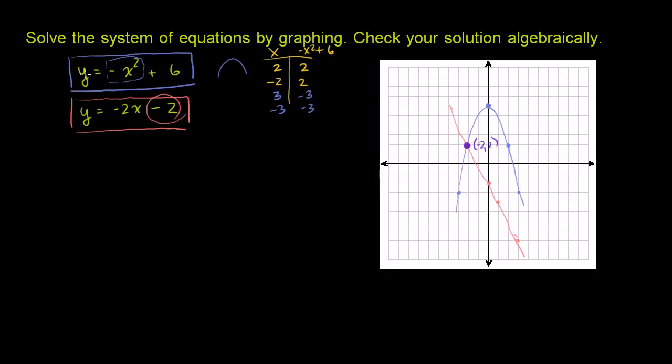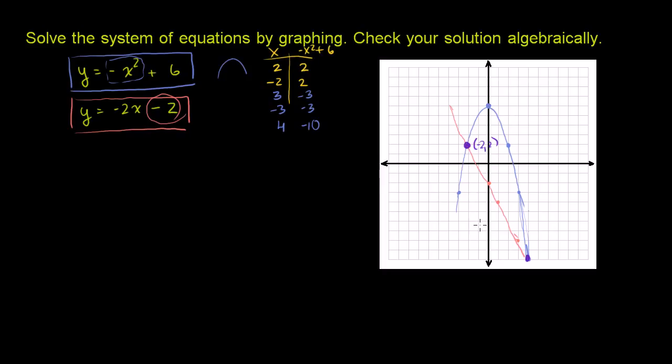Let's see. When x is equal to positive 4, then you have negative 16 plus 6, you get negative 10. So positive 1, 2, 3, 4, and then you go down 10: 1, 2, 3, 4, 5, 6, 7, 8, 9, 10. That looks like that might be our other point of intersection. So let me connect this right there. And then our other point of intersection looks to be right there. If we just follow this red line, it looks like we intersect there.